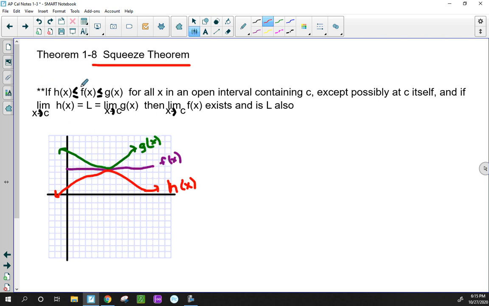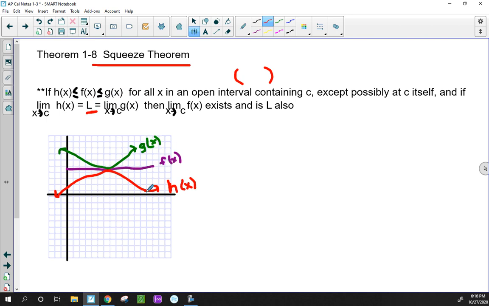If h of x is less than or equal to f of x is less than or equal to g of x, or in other words, f is between h and g in this graph, for all x in an open interval containing c, except possibly at c itself, and if the limit of h of x as x approaches c is some answer, the book called it L, just to be generic, and that is the same answer as the limit of g of x.